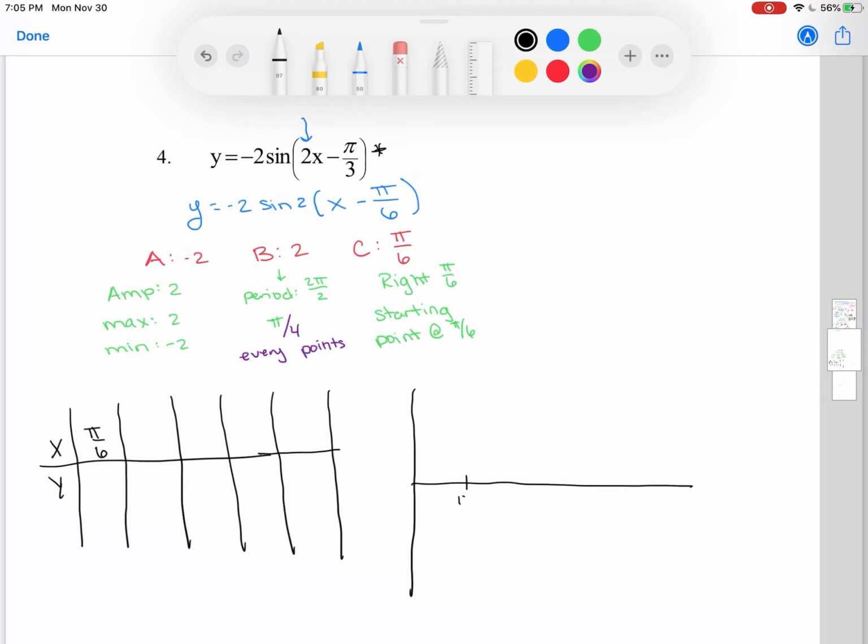Okay, so I'm starting at pi over 6. If I add pi over 4, get the same denominators, so they share 12. That's going to give me 5 pi over 12. That's my next point.